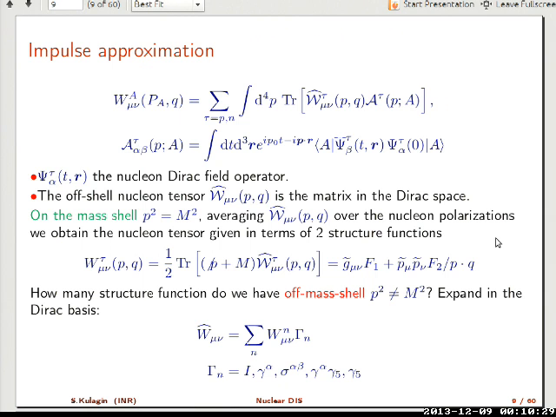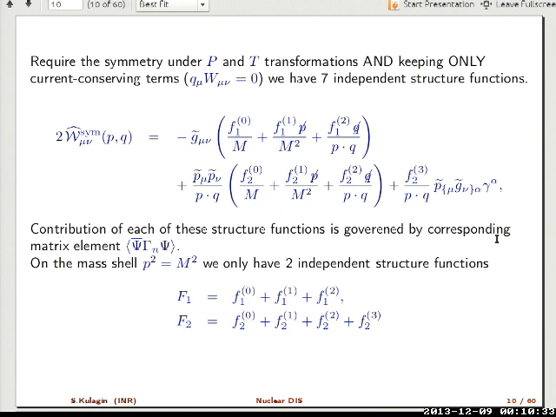By doing this we observe almost immediately that instead of two structure functions, we actually get seven independent structure functions if we require the current conservation of this virtual nuclear amplitude, which may not be true, but this is a standard assumption.